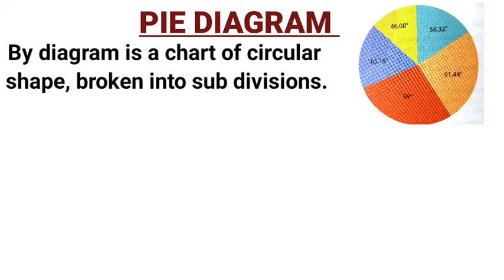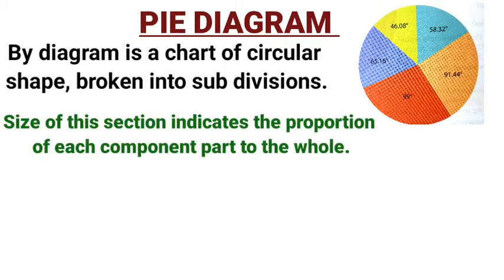You have to divide that circle into various sections. The size of the section indicates the proportion of each component's part of the whole. If some sections are more, they will be more in area. If some sections are small, that area will be less. So basically, they show the proportion of the components.